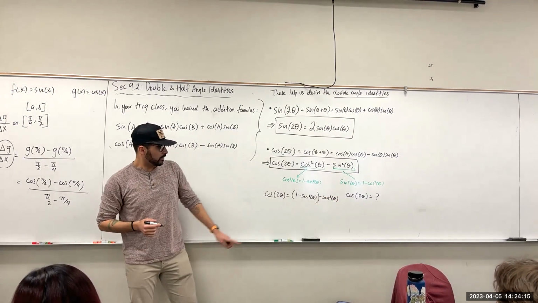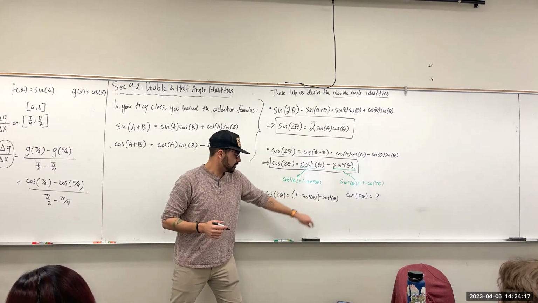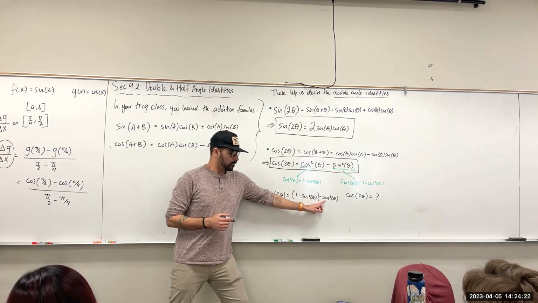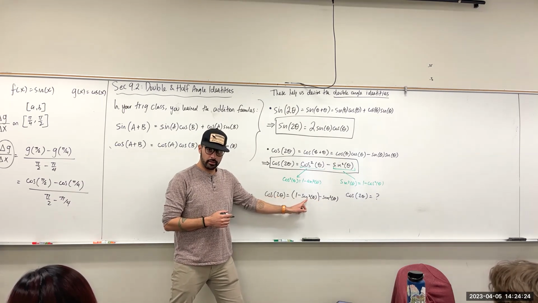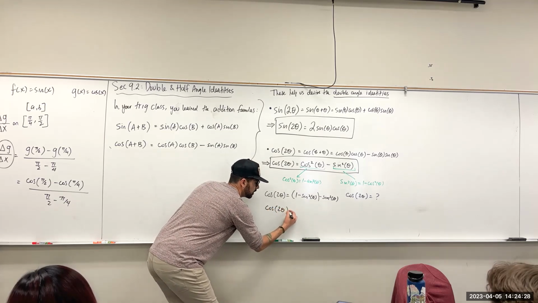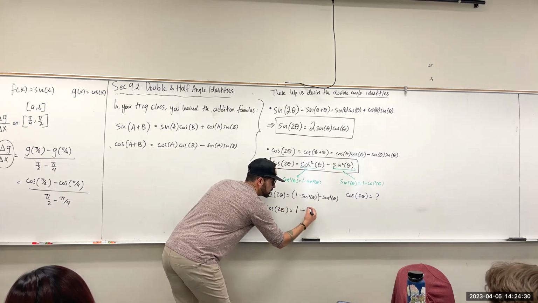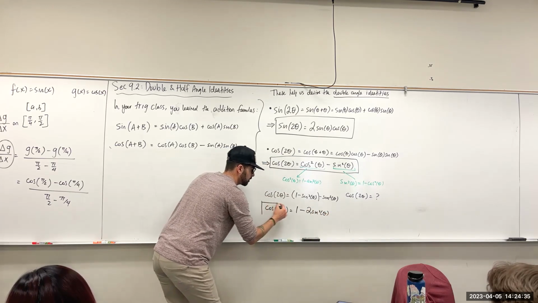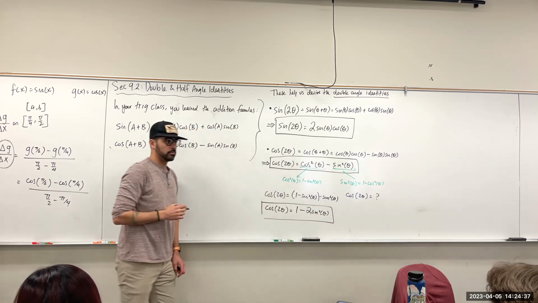But when I do that, what can I algebraically do now? I can combine these two together. And so this shows me a different trig identity. It becomes 1 minus 2 sine squared theta. Yeah.